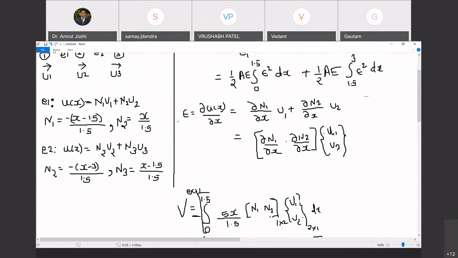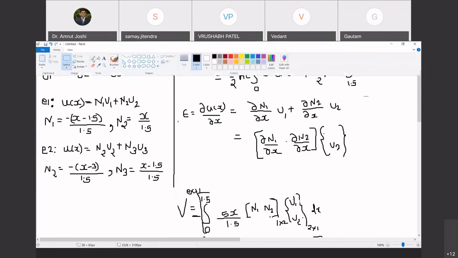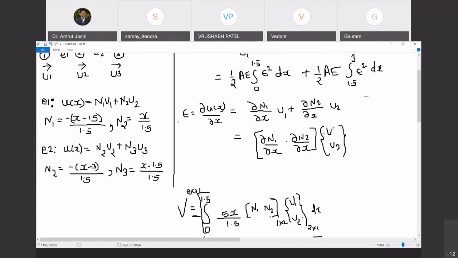Let us stick to the notations, so I am going to write this as capital U1, U2. Are you with me? This is for element number 1. How do I write the same thing for element number 2?